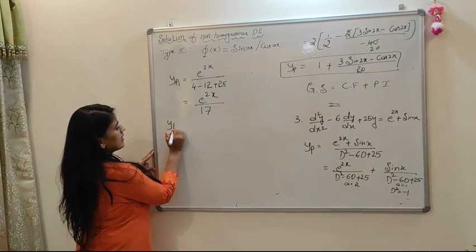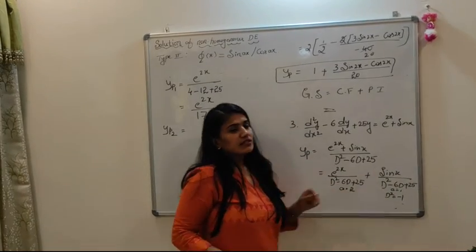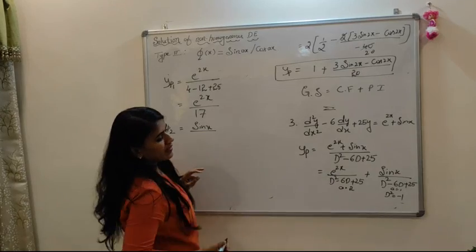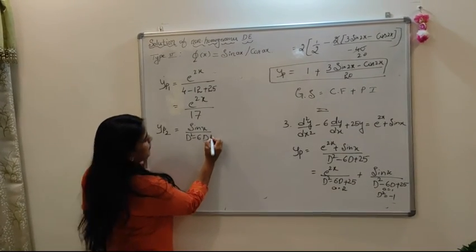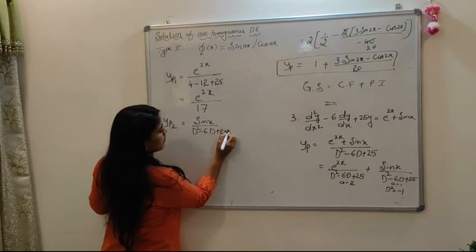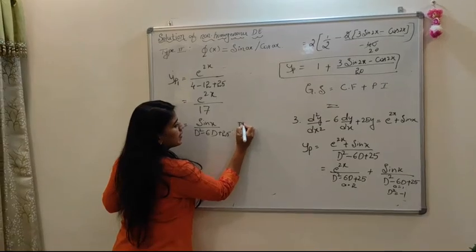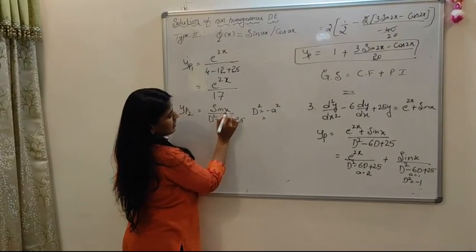So I'll take the second term, yp2. yp2 means I'll consider this: sin x divided by d square minus 6d plus 25. It is type 2, which means we should replace d square by minus a square. What is my a here? 1.